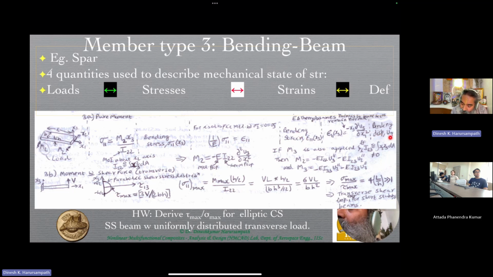Coming to the deformation that we are interested in, here is where something very interesting happens. Even though we are talking of a sigma 11 and a gamma 11, U1 is not the main thing that we are looking at over here, but U3. In other words, this is bending upwards.